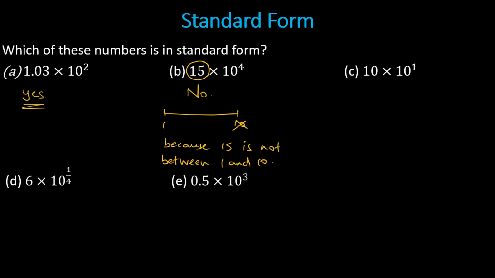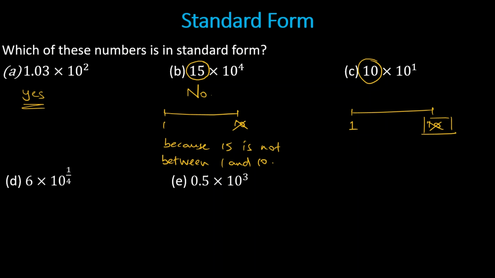Right? Part C. Is this in standard form? Let us see. Let us check the number first. 10. Is it between 1 and 10? Can the number be 10? No. We have said it before.